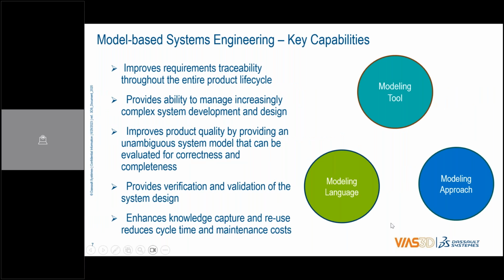Model-based engineering improves requirements traceability throughout the entire product lifecycle, provides the ability to manage these increasingly complex system designs, and improves product quality by providing an unambiguous model. It provides verification and validation of the system design, and it really enhances knowledge capture and reuse of these model elements, and reduces cycle time and maintenance costs.